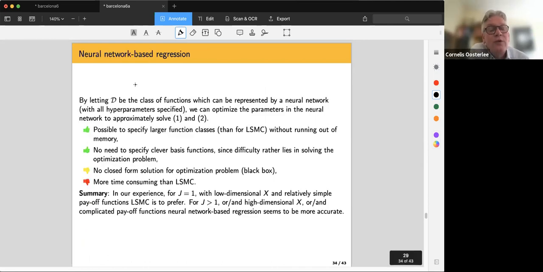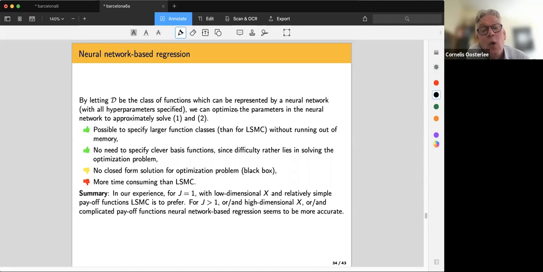So again, our solution for this stage 2 is to use a neural network based regression. So we let calligraphic D be the class of functions which can be represented by a neural network with all the hyperparameters specified. So we let the neural network search our basis functions essentially.